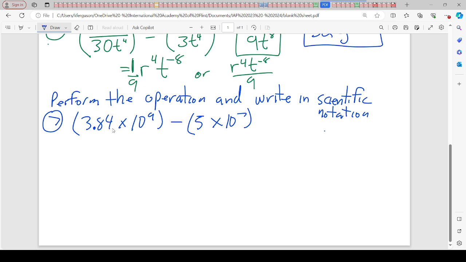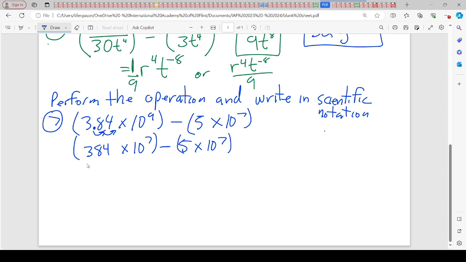3.84, right? So as I take two places away from here, I'm going to move the decimal place two places to the right. So I'm going to have 384 times 10 to the seventh power minus 5 times 10 to the seventh power. So now my exponents for my powers of 10 are the same.